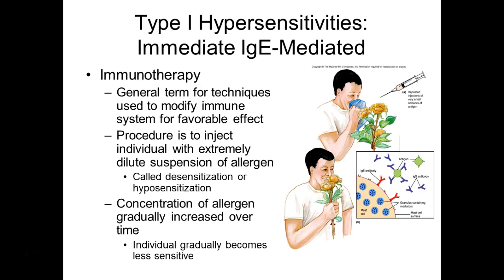So now my IgG grabs onto that allergen before it gets to the mast cells, which are coated in IgE. And because it's been so long since I've been exposed, it hasn't been able to go that route, I don't have any more IgEs in my system. But I still have those memory cells. So if it was to get through, right, and the IgGs didn't get it, then I would have a reaction.